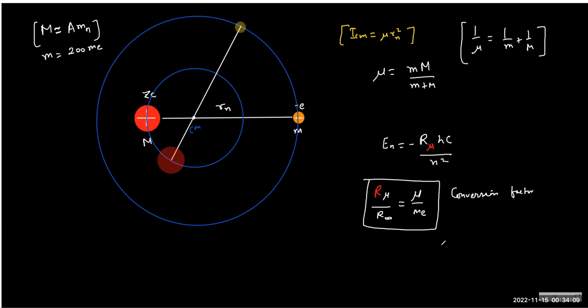The moment you derive the new formula, you will see that everything can be replaced in terms of the old formula by this relation. If you remember that R is proportional to the mass of the moving system, in the case of a one-particle system we take R infinity because the other mass is infinitely large. In the case of a binary system, in which both move around the common center of mass, we take the reduced mass. Therefore, R infinity you can replace as R mu by mu.